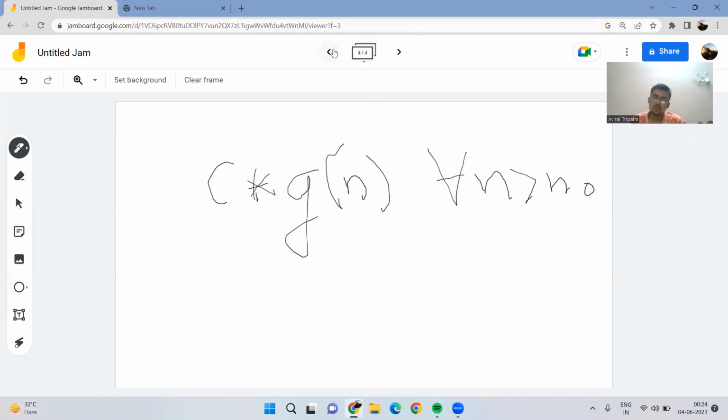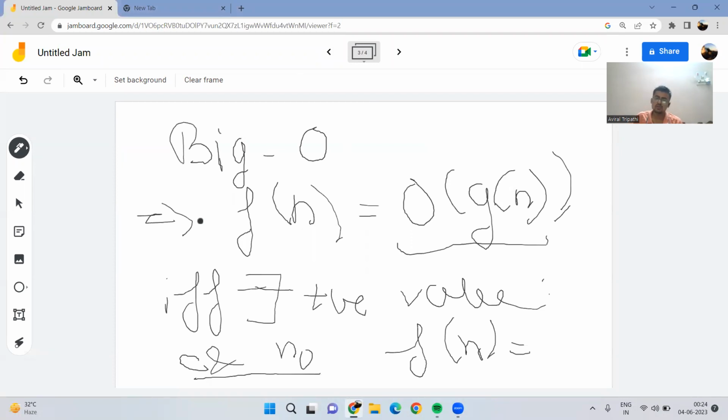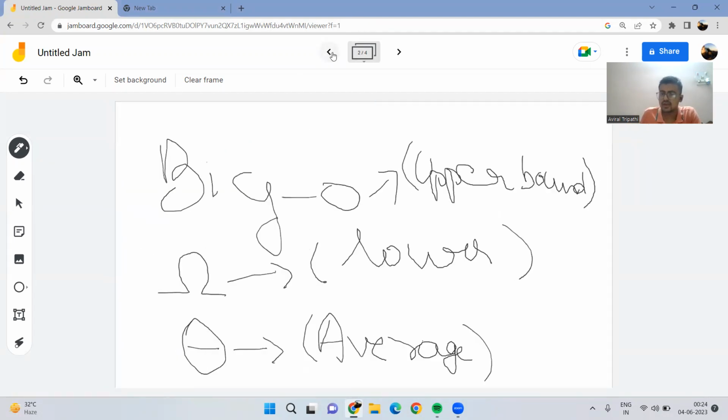So, what is actually the proper definition here? This particular definition may sound a little bit tricky, so let me explain. In the previous slide, I defined the big O notation, that is the upper bound.